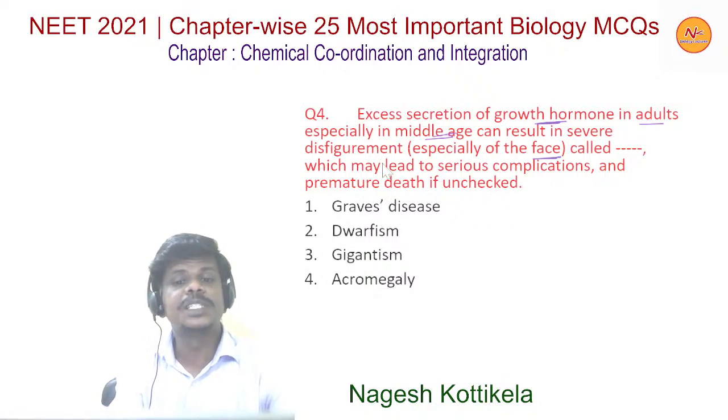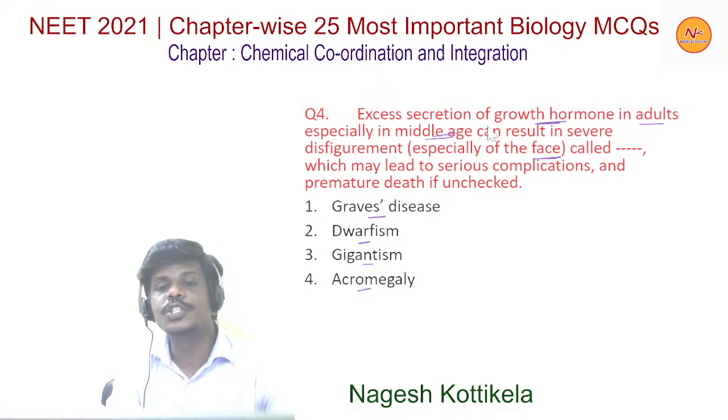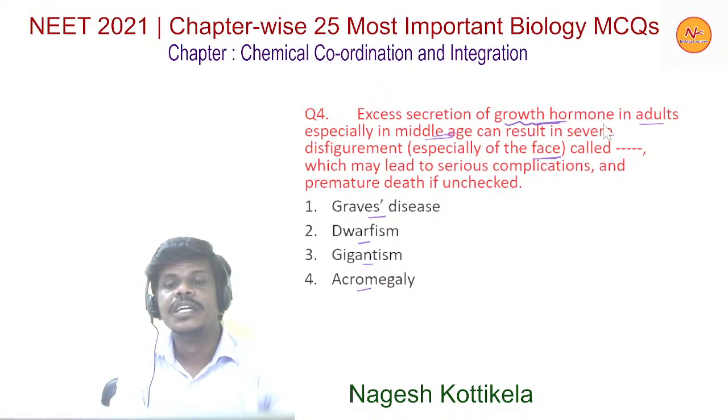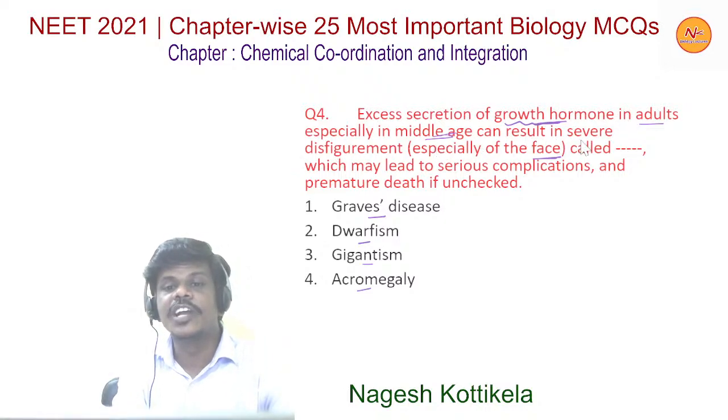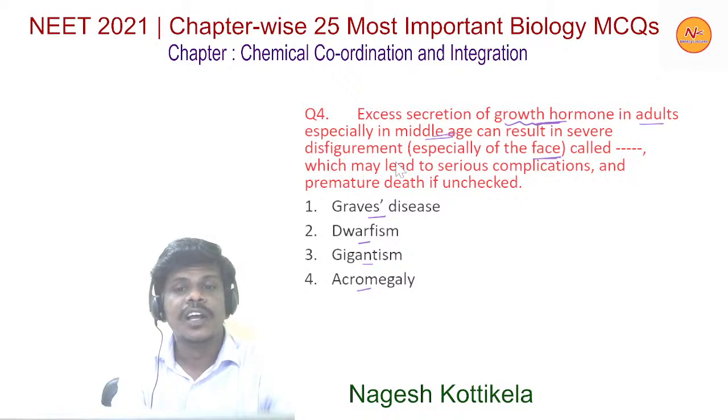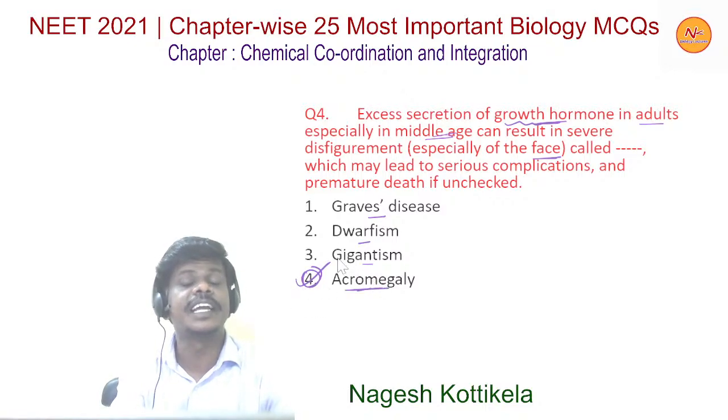And here options are, the first option, Graves' disease, option 2, dwarfism, option 3, gigantism, and option 4, acromegaly. And here the excess secretion of growth hormone in adults, especially in middle age, can result in severe disfigurement, especially of the face, and it is called acromegaly. And the fourth option is the right option.